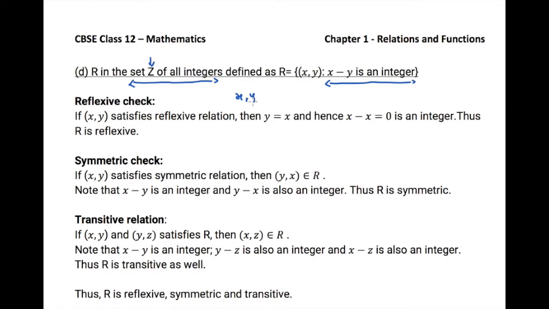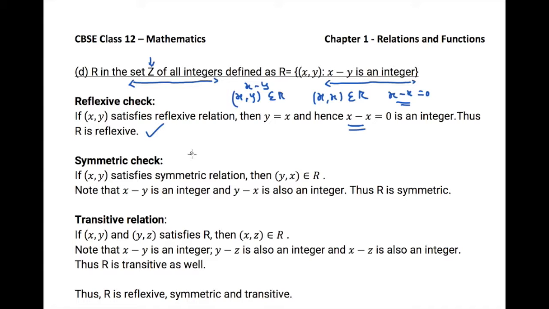If (x, y) belongs to R, then (x, x) also belongs to R. In the sense, if x minus y is an integer, then x minus x equal to 0 is also an integer. Thus this is reflexive.